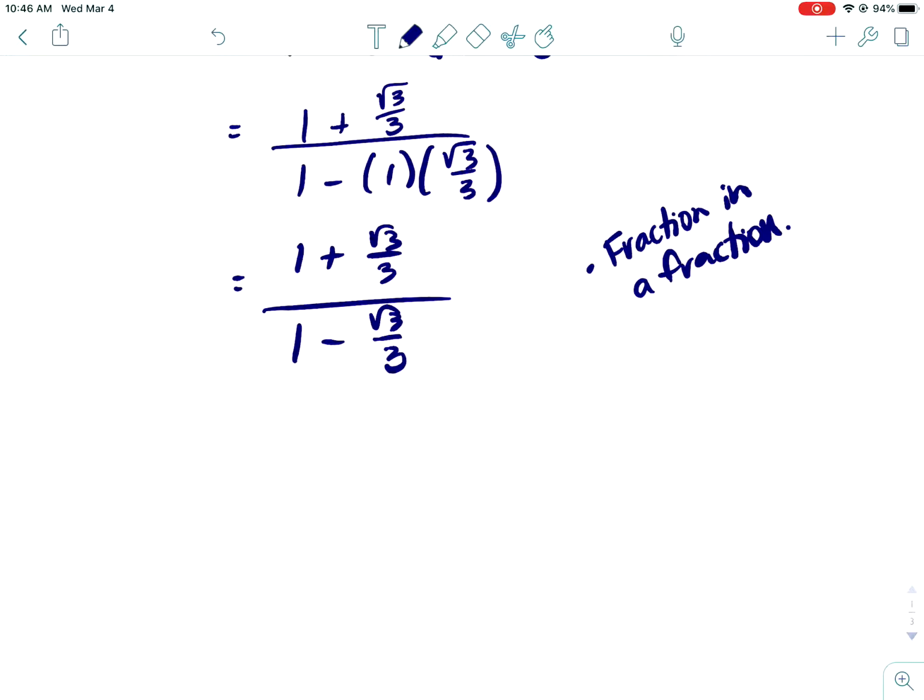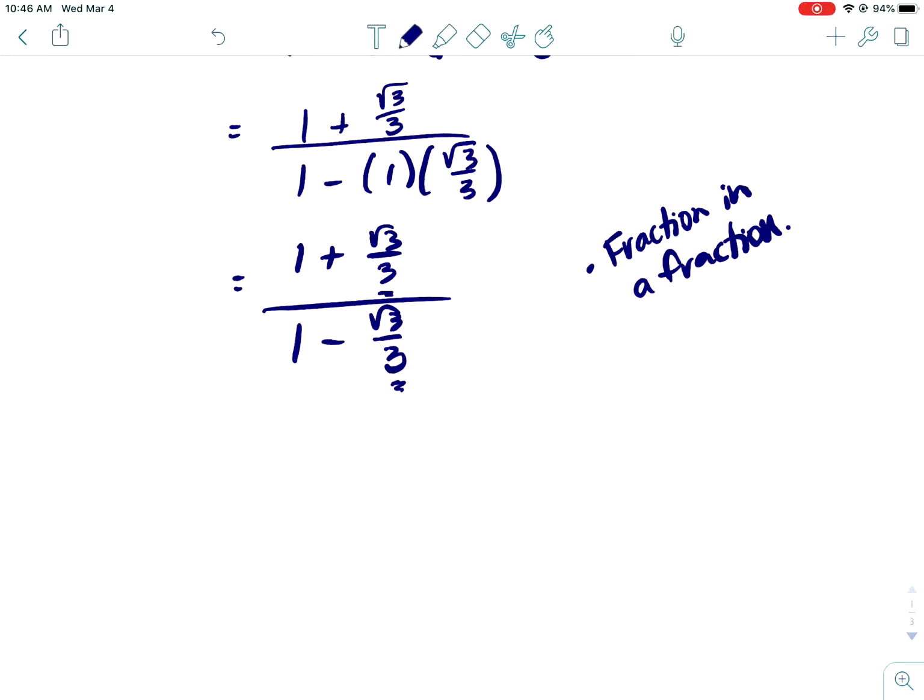Now the way these problems work out for you to be able to use special angles is, if you have a situation like this, these are typically the same denominator. They're both 3. So we don't want a fraction and a fraction. So what can we multiply by to get rid of the little denominators?